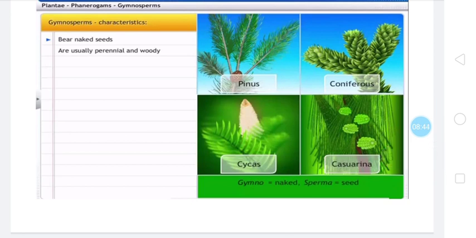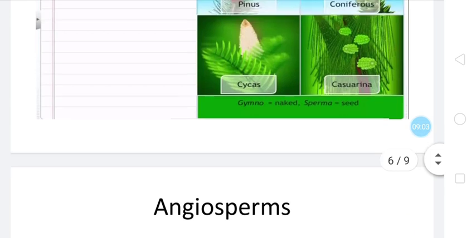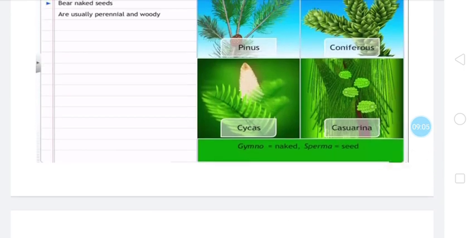So once if you visit the Uttarakhand side of our country, then the gymnosperms are present over there. 400-500 years old gymnosperms, conifers, are present in those jungles.